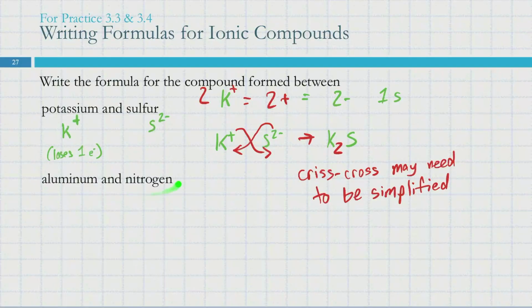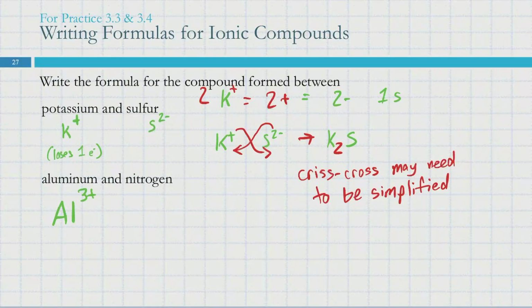If we want to do the formula of the compound that forms between aluminum and nitrogen, aluminum is in group 3A. And it's a metal, so it's going to lose electrons to get a 3+ charge.